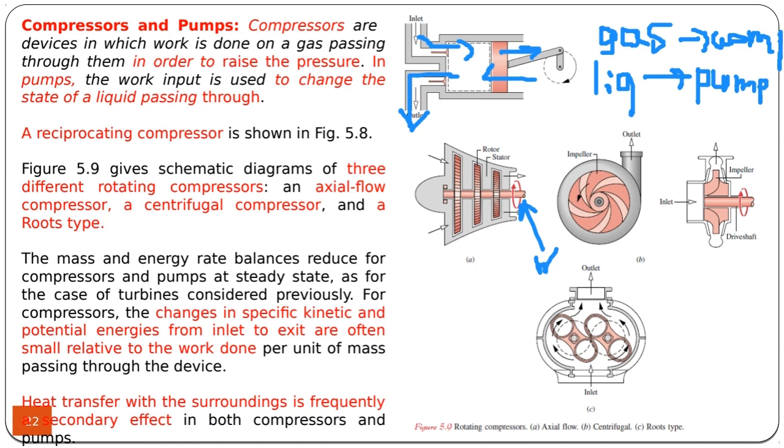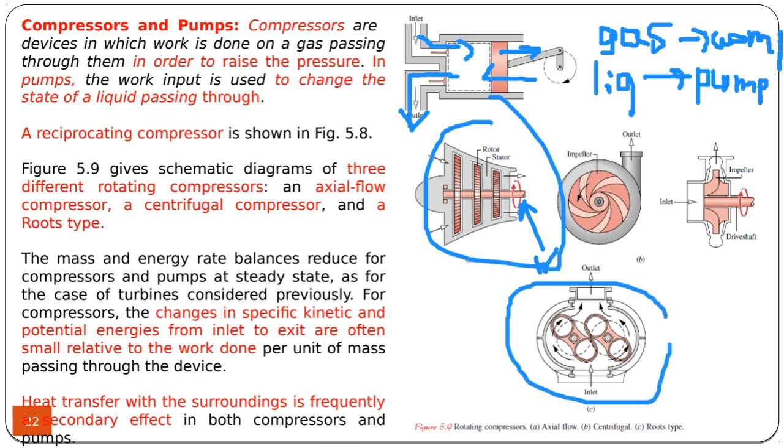And the final one is another compressor. The compressors are basically two types. One of them is the positive displacement compressor. So this one and this one are positive displacement because they use the principle of compressing the fluid by reducing its volume. But this type is called dynamic.